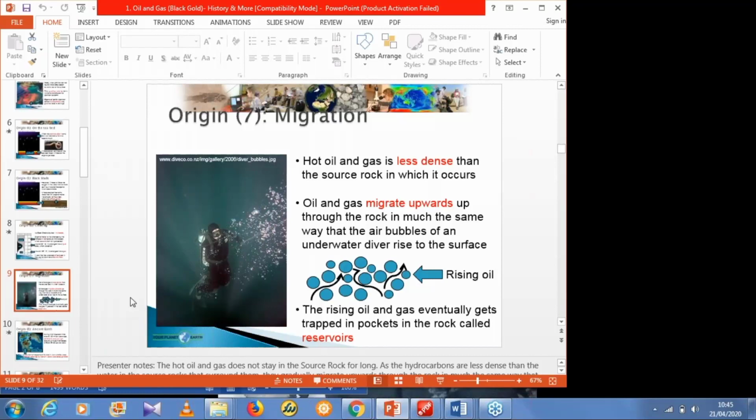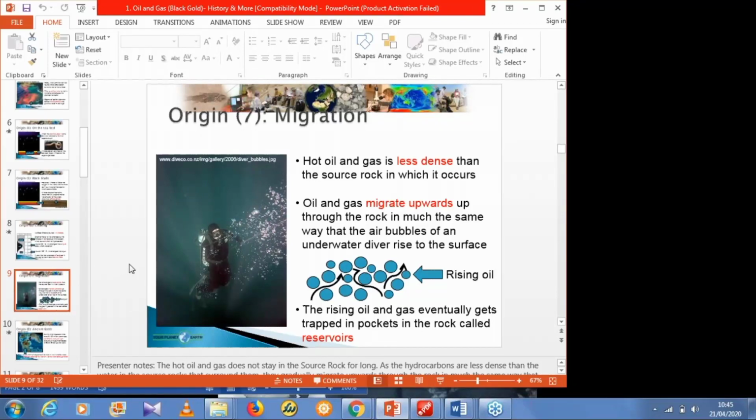Now, hot oil and gas are likely to be at a higher level within the earth crust, underneath the ocean body.